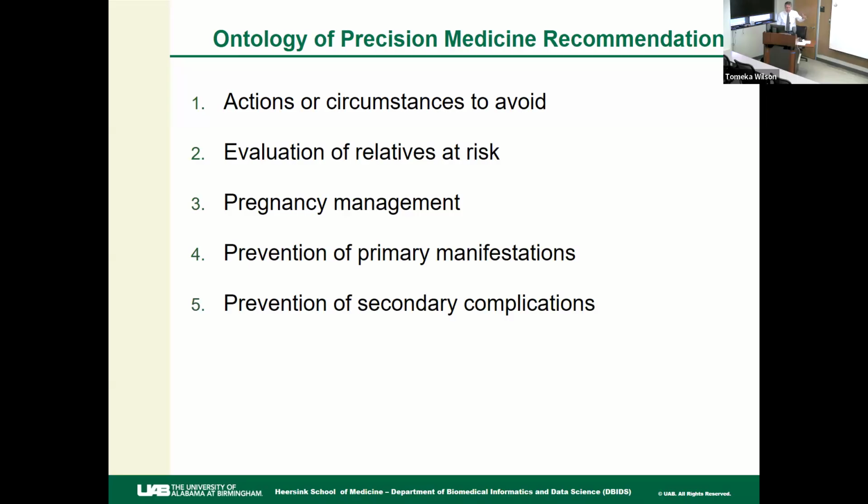You can't fix the disease, like, you know, coronary artery disease, but you can lower the cholesterol, that kind of thing, to prevent the secondary complications. Follow the patient, do testing earlier than you would, do colon cancer screening, breast cancer screening earlier than you would normally. And then treat manifestations of the disease earlier than you would have, or treat them differently because you know this is a genetic condition, as opposed to just a run of the mill problem.